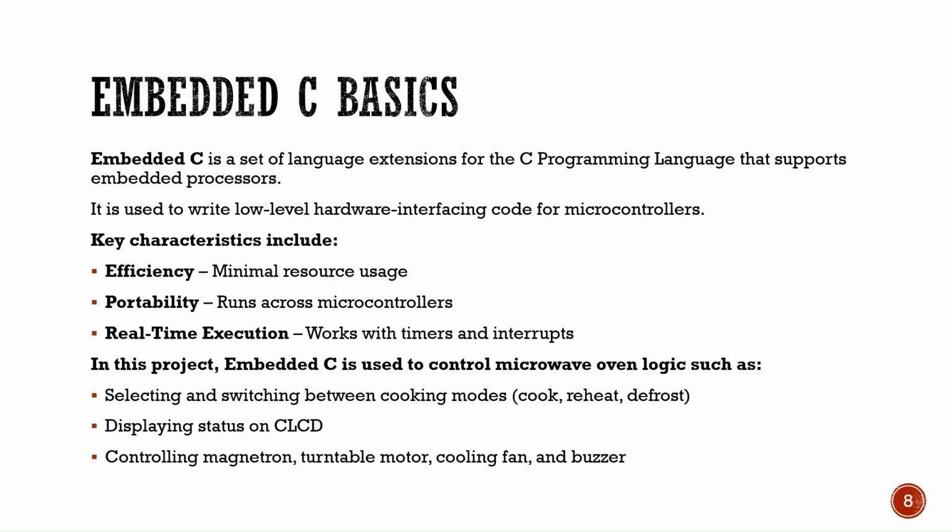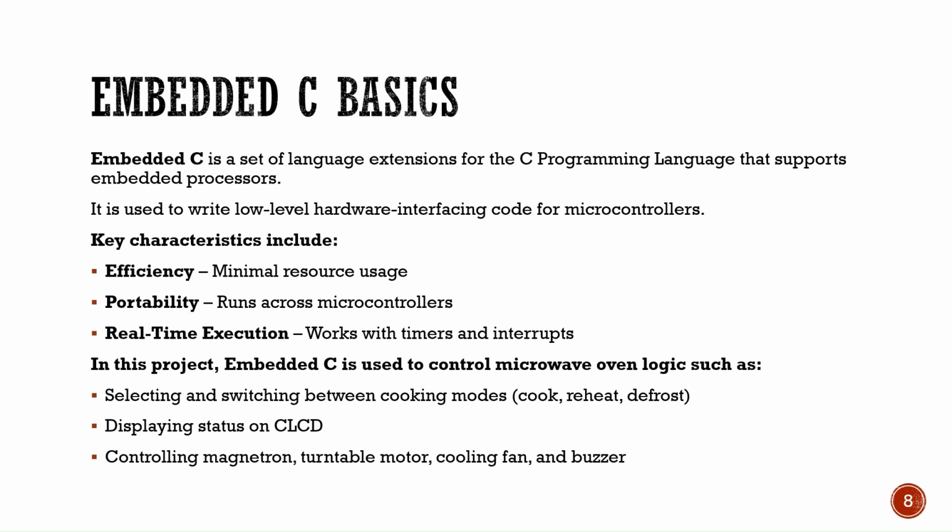Embedded C Basics. Embedded C is a set of language extensions for the C programming language that supports embedded processors. It is used to write low-level hardware interfacing code for microcontrollers. Key characteristics include efficiency, minimal resource usage, portability, runs across microcontrollers, real-time execution, works with timers and interrupts.